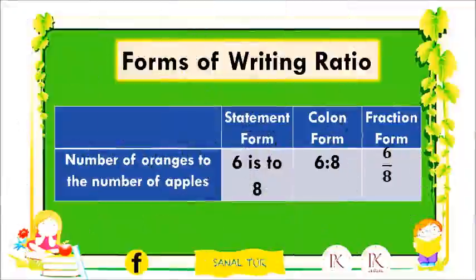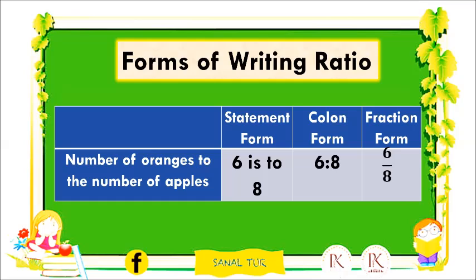So there are three ways of writing a ratio. We have the statement form, the colon form, and the fraction form. In here, it is written the number of oranges to the number of apples.